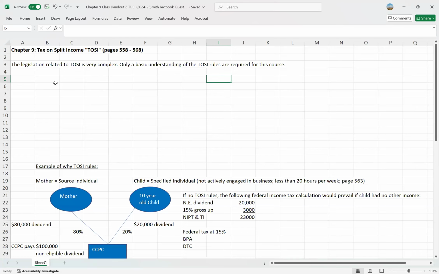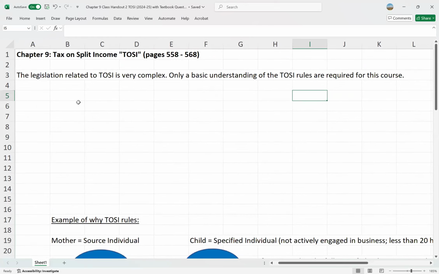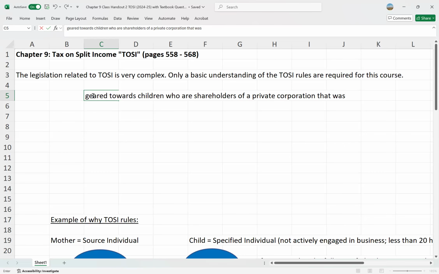So let me just briefly summarize what these TOSI rules are geared towards. They're basically geared towards children who are shareholders of a private corporation that was set up and owned by their parents.